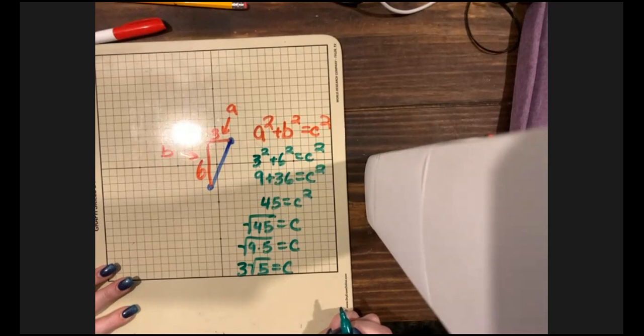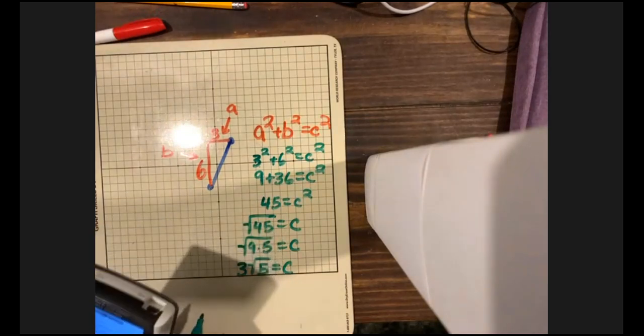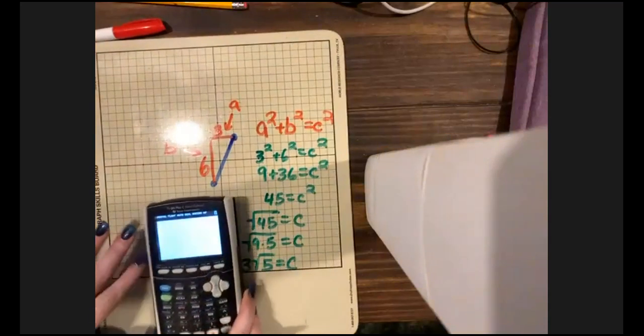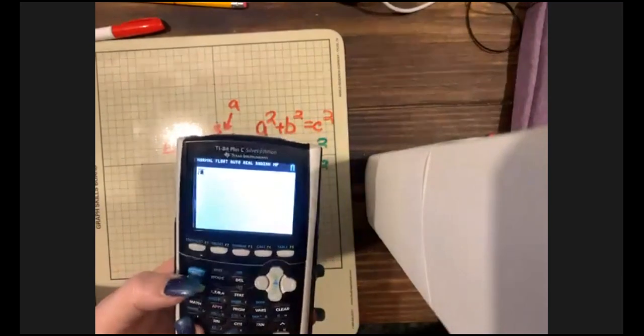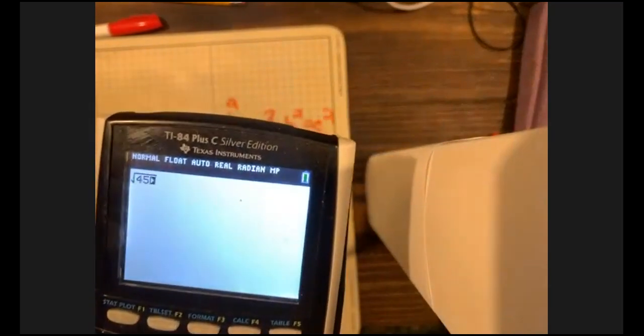Okay. Now, if they want us to do a decimal, which this one did, you have your choice. I'm going to try and bring this up to where you can see it. So I can do the square root of 45.